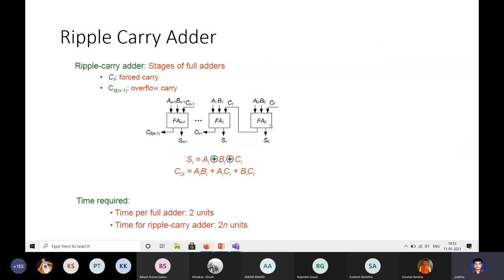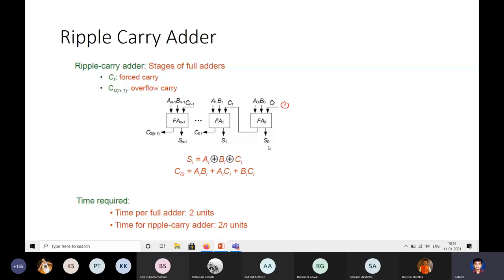So there is one full adder for every digit. The sum goes out as the sum. The carry out of one stage full adder is the carry in of the next stage full adder, the next significant bit full adder. This is simple addition, where you ripple the carry to the left.